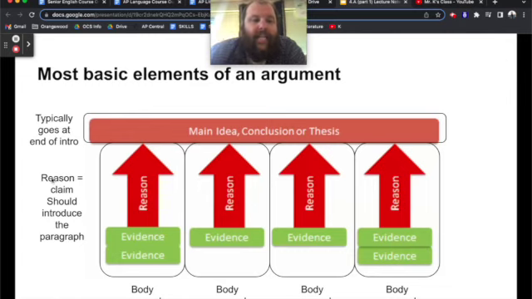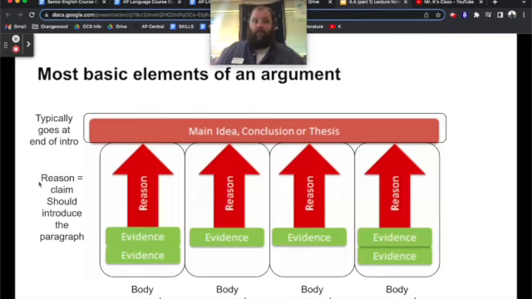And over here on the left, your reason is the same thing as your claim. What are you claiming to be true? That claim should introduce the paragraph. It's like your topic sentence for that paragraph.